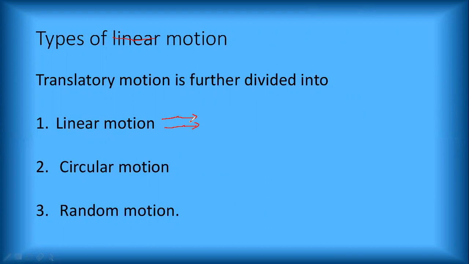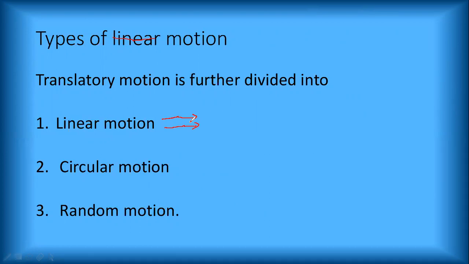So if the object has motion in a straight line and the particles also have motion in a straight line, then the motion will be linear.